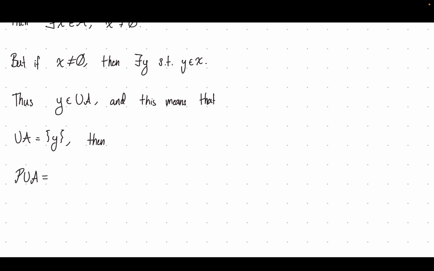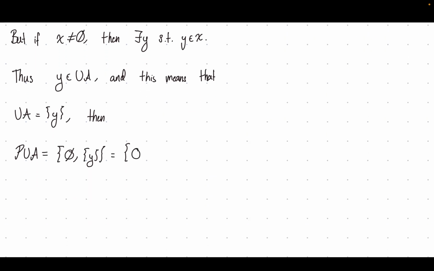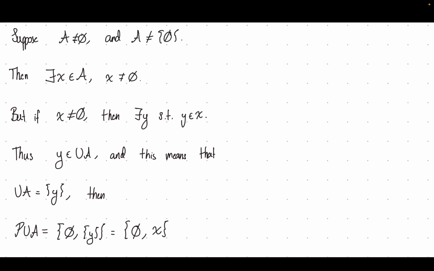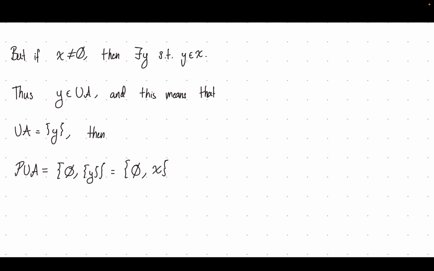Then the power set of the union of A is equal to the empty set, the set containing y, which is just equal to the empty set in X. Okay, and this seems to work, right?